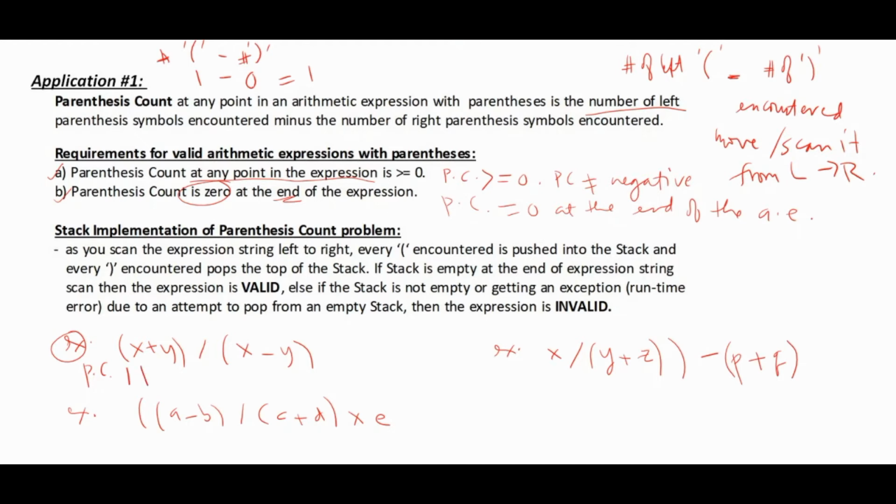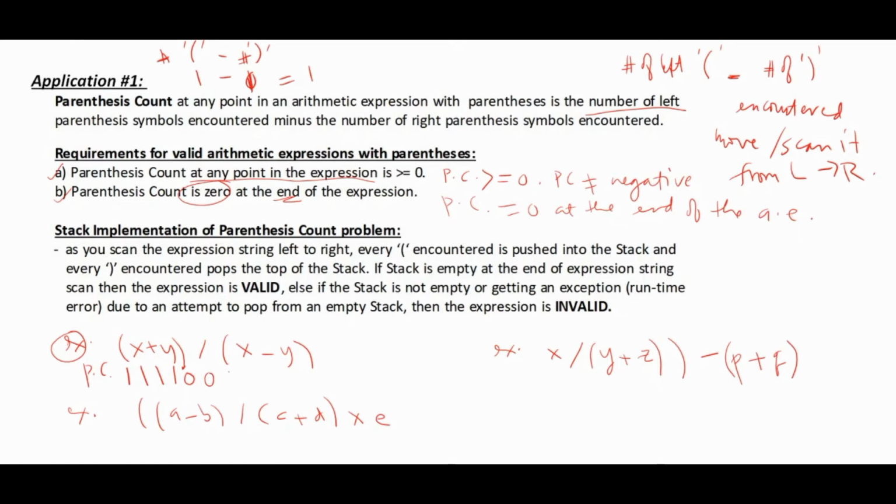We have encountered 1 left parenthesis minus 0 right parenthesis. And this is also 1. At this point, it is 1 minus 1, so this is 0. We have encountered 1 left and 1 right at this point, so it is 0.